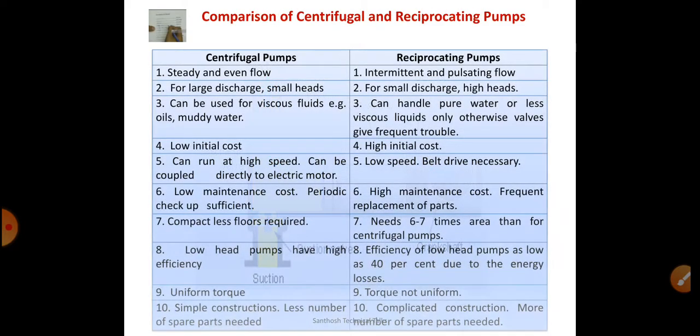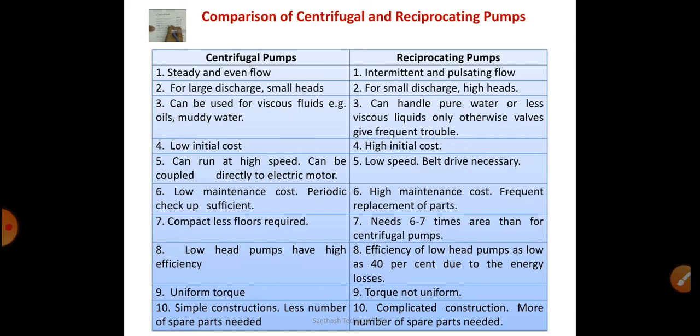Here I would like to give the comparison of centrifugal pump and reciprocating pump for better understanding. In the centrifugal pump, steady and even flow is possible, whereas in the reciprocating pump, intermittent and pulsating flow is there.